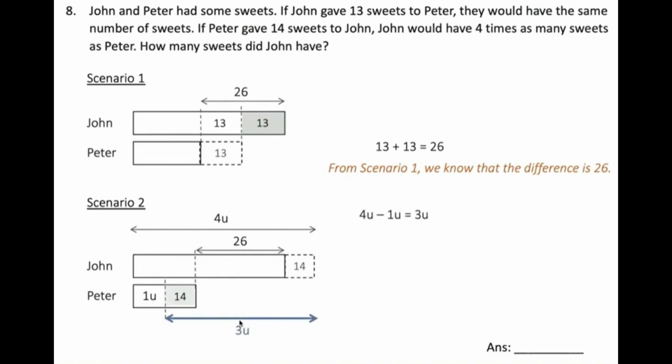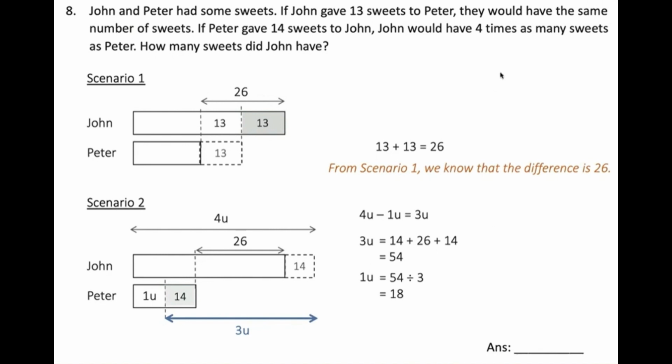And 3 units, you got to look at the model carefully. 3 units represented in the model by 14 plus 26 plus 14. I guess, did you miss out adding 14? Did you do 14 plus 26 only? Yeah, common mistakes. People forget to add these 14. 14 plus 26 plus 14. 54. 54 divided by 3, 18.